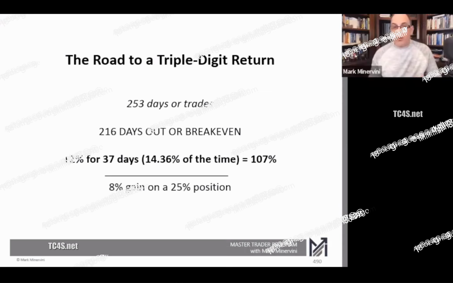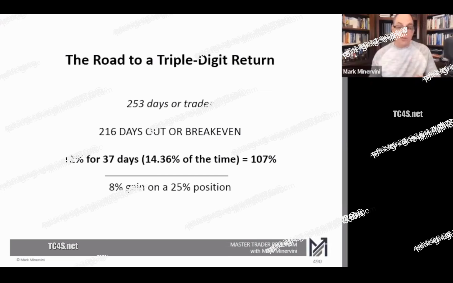Well, that equates to, let's go back to the first example of 25% position sizing, 75% cash. Let's assume that's the way we're approaching it. Well, we would have to find a stock that went up 8%. The stock went up 8%, we took a 25% position.